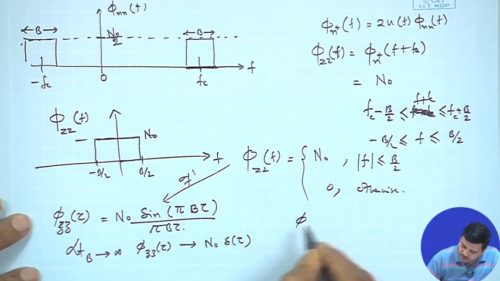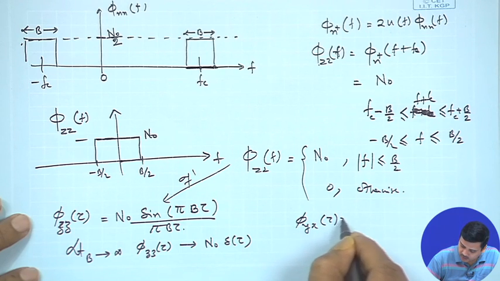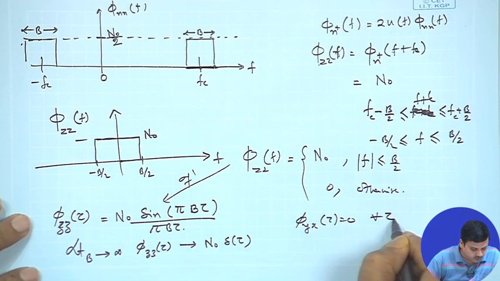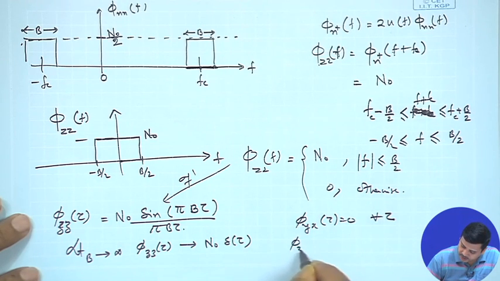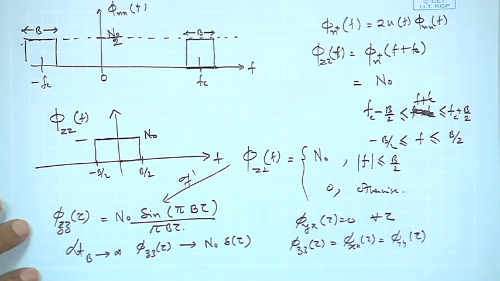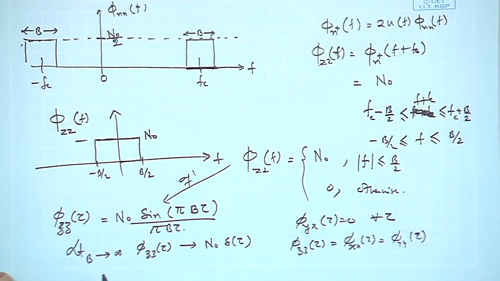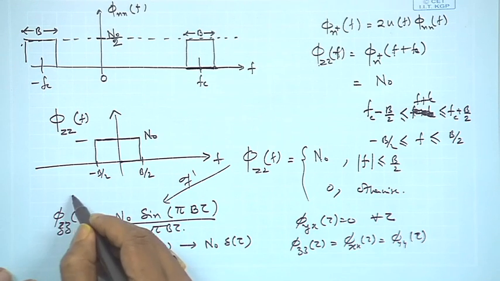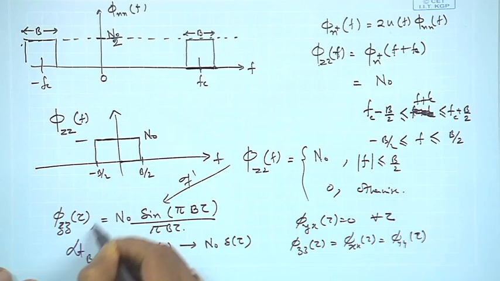We have also seen that phi y x of tau is equal to 0 for all tau. So, that would mean phi z z of tau is equal to phi x x of tau equals phi y y of tau.